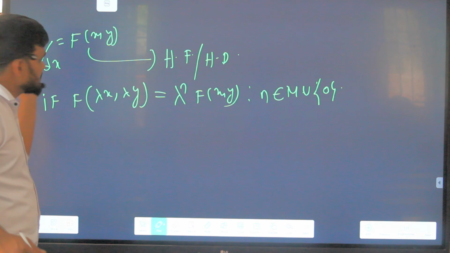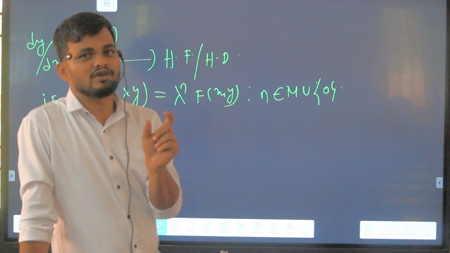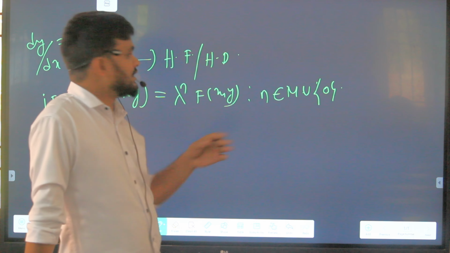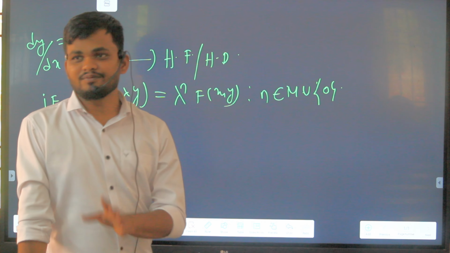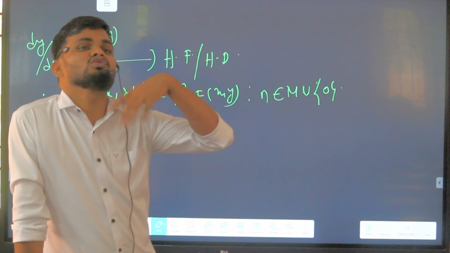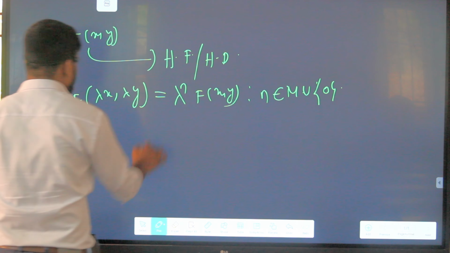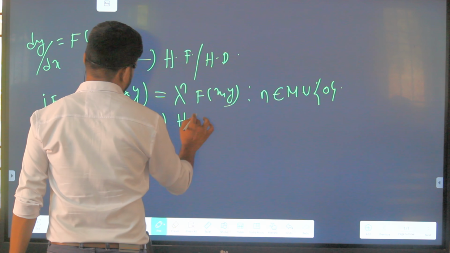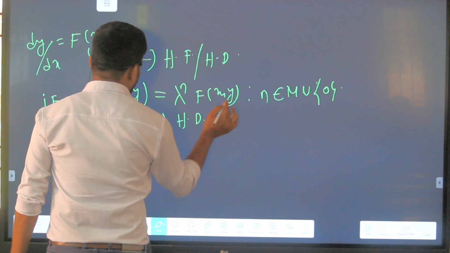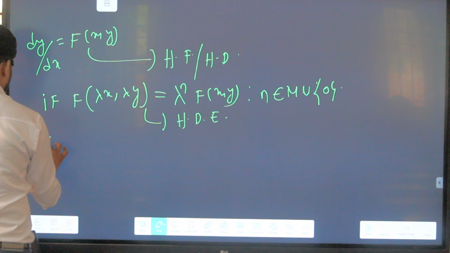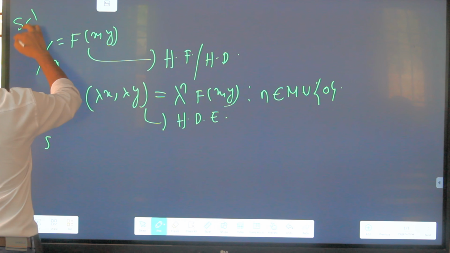That means if the derivative dy/dx equals a function of x, y is given, and in the function of x, y this property holds, then we say this differential equation is a homogeneous differential equation. So if the differential equation is homogeneous, how do we solve it? This is step 1, okay, we have to check.